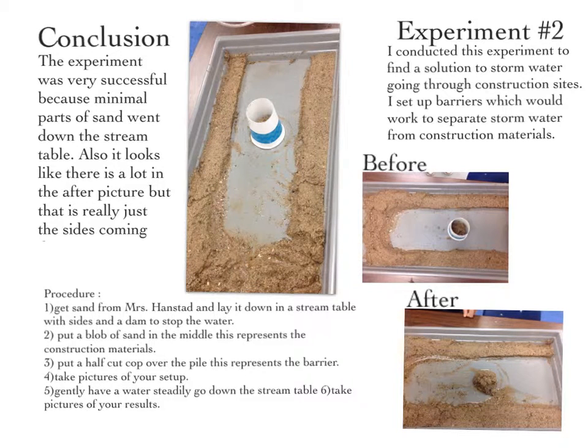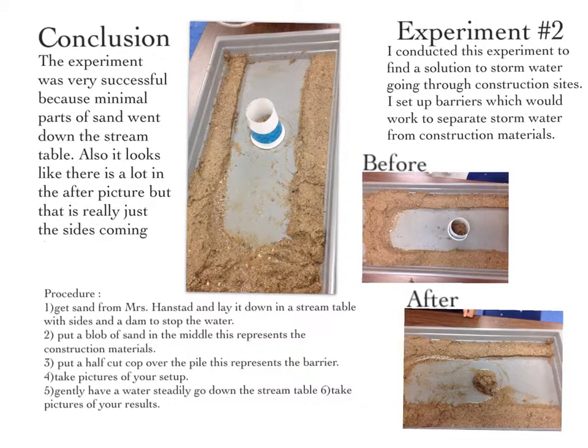This is my second experiment. This is the solution, and the procedure for this is: first, you need to get sand from your teacher, or my teacher, Miss Hansen, with sides and a dam to stop the water on the stream table. Second, you need to put a blob of sand in the middle. This represents the construction materials.